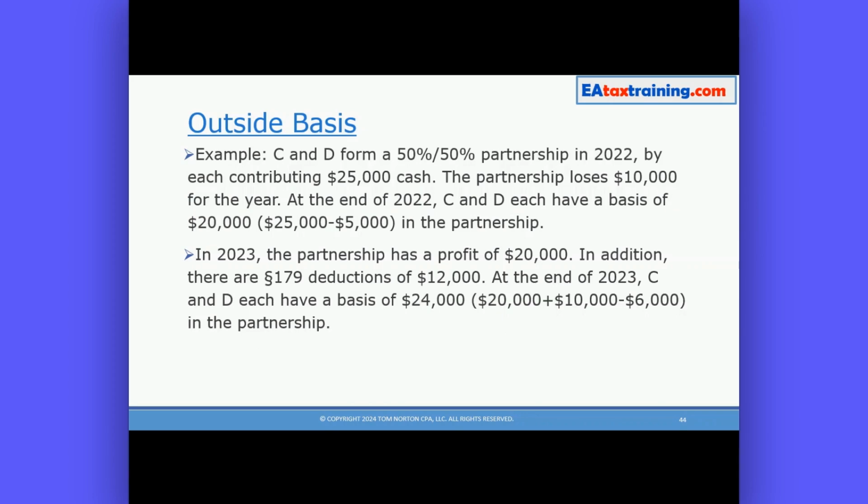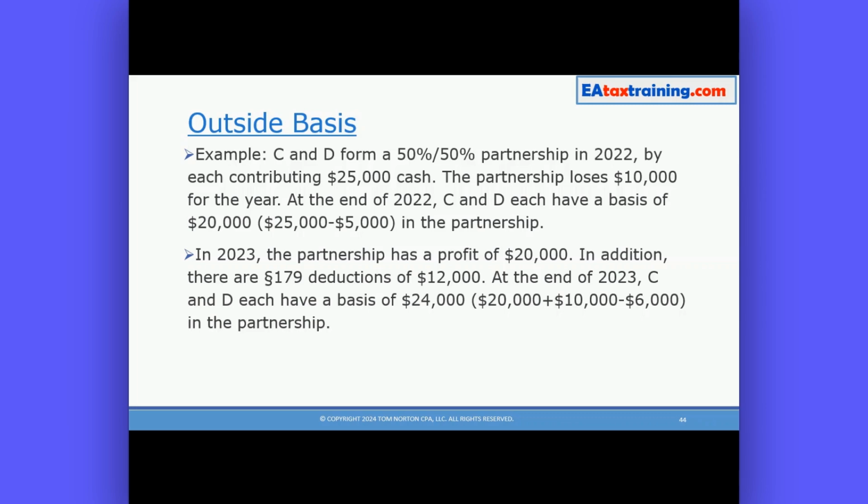In 2023, the partnership has a profit of $20,000. In addition, there are 179 deductions of $12,000. So at the end of 2023, C and D each have a basis of $24,000. So it's the $20,000 that they had at the end of 2022, plus each one gets $10,000 of the $20,000 profit, and each one is going to subtract $6,000 of the $12,000 Section 179 deduction, leaving them with their $24,000 basis.